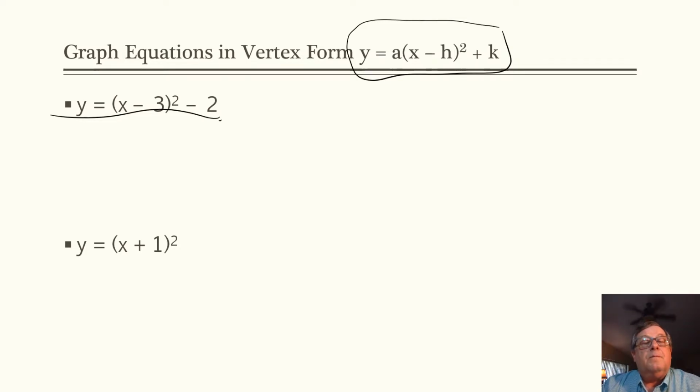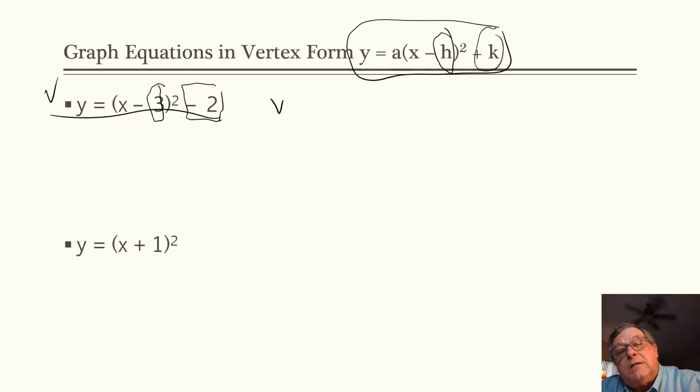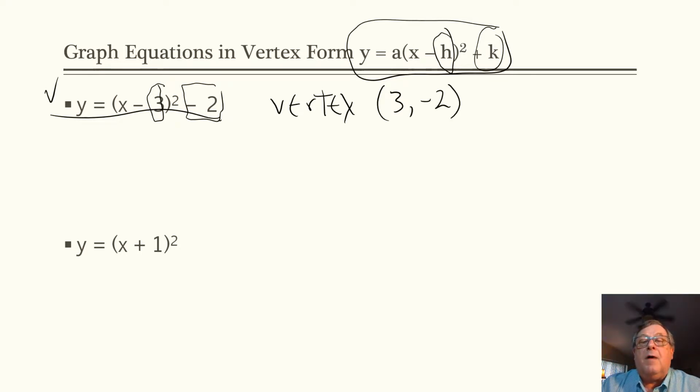All right, so question: what's the vertex of this quadratic equation right here? Well, if this is x minus h, and that is 3, and if k is the y coordinate, and that's negative 2, then I've got a vertex at (3, negative 2). So the vertex of this parabola is at (3, negative 2).